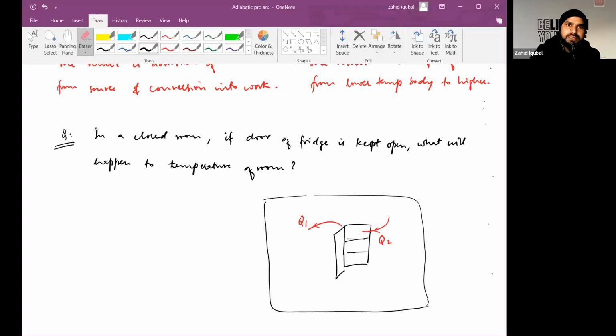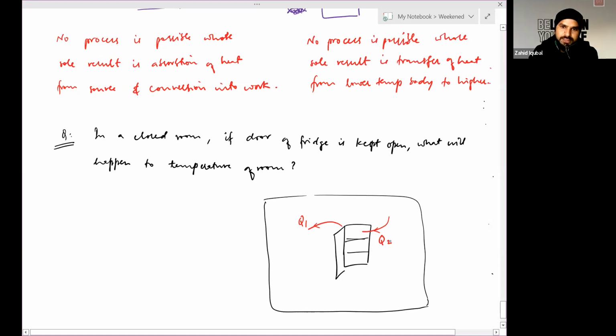Let me define you by using number. Suppose it has to absorb energy from the surrounding and is absorbing just 8 joule of energy. It has to do some work by compressor. So let's say it has done 2 joule of work by compressor. So Q1 now becomes 10 joule.